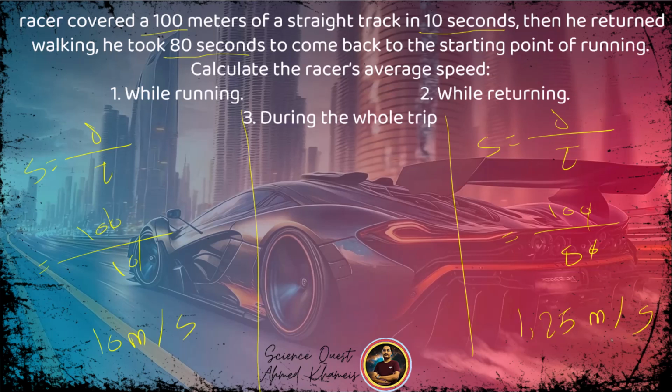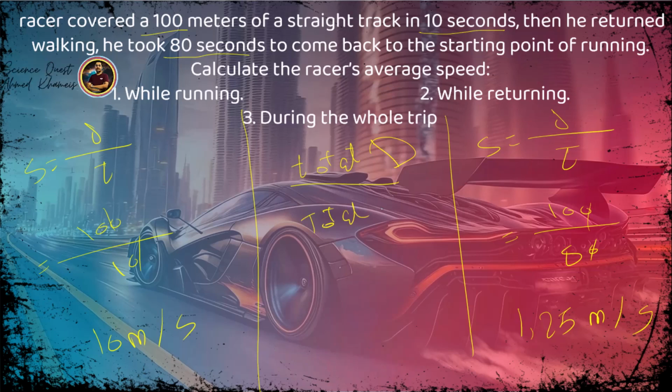So the average speed during the whole trip, meaning total distance over total time, the total distance is 200 meters, because he goes 100 meters and back again. So 200 meters in a total time of 10 seconds plus 80 seconds, which is 90 seconds, equals 2.2 meters per second.